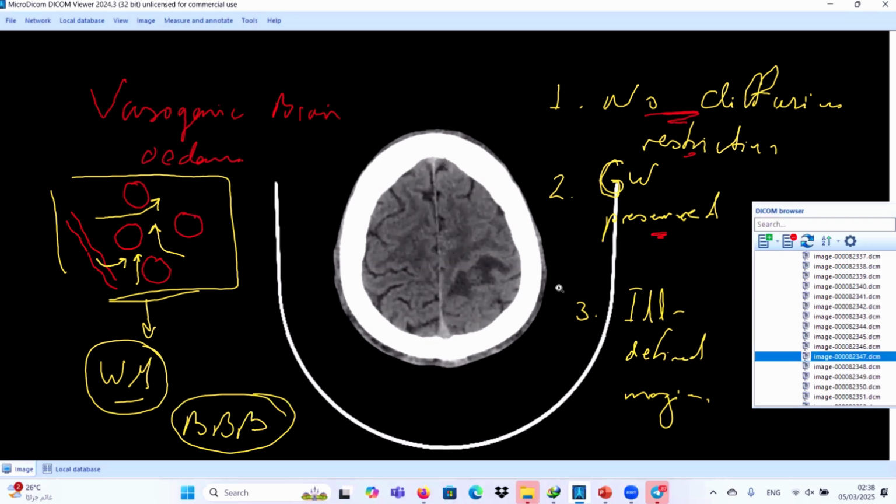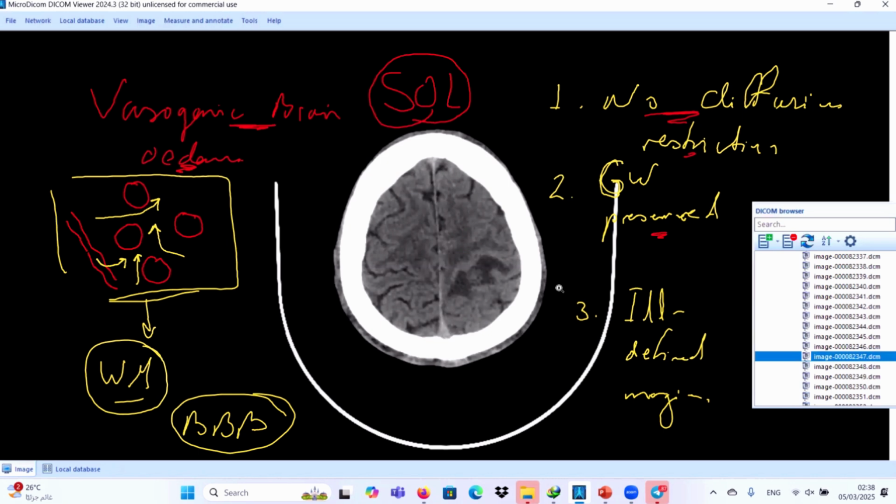Once we have any vasogenic brain edema, we should search for any underlying space-occupying lesion, either brain tumor, or cerebral abscess, or metastasis, any space-occupying lesion. Okay, so it's very important to be sure, is it vasogenic brain edema or cytotoxic brain edema?